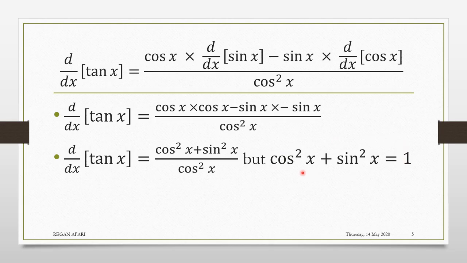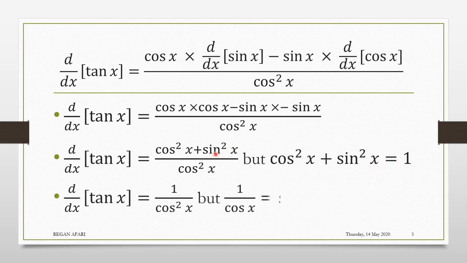This has nothing to do with differentiation; this identity is purely from trigonometric functions. So we substitute that. Instead of rewriting cos squared x plus sine squared x, we just write 1, because we know that identity exists. So we have 1 over cos squared x.